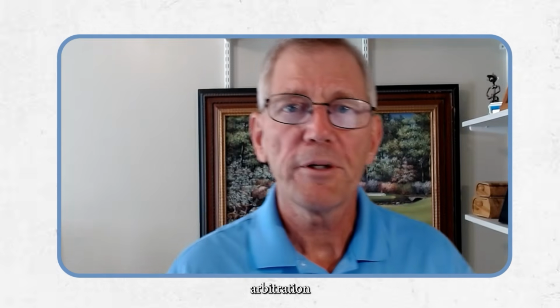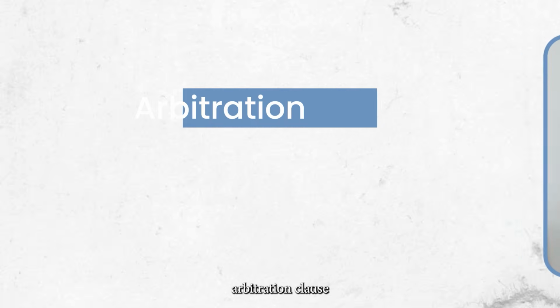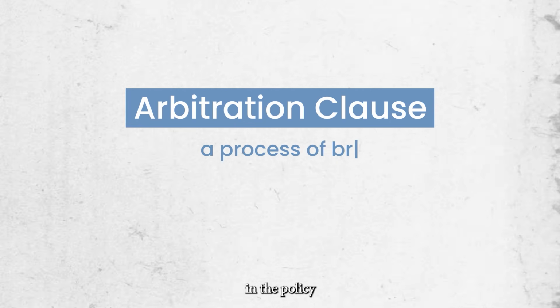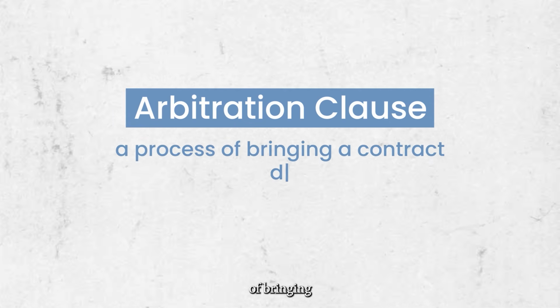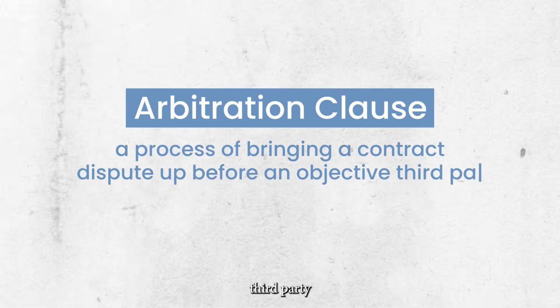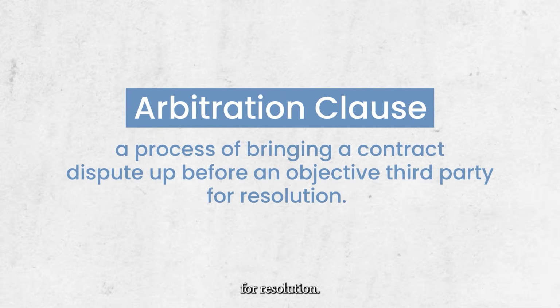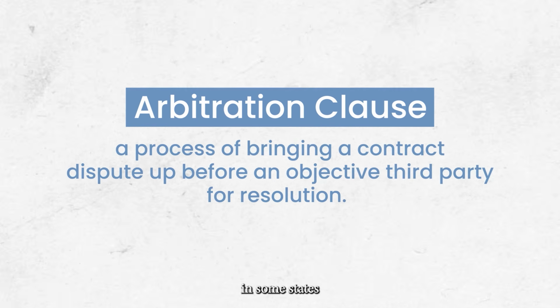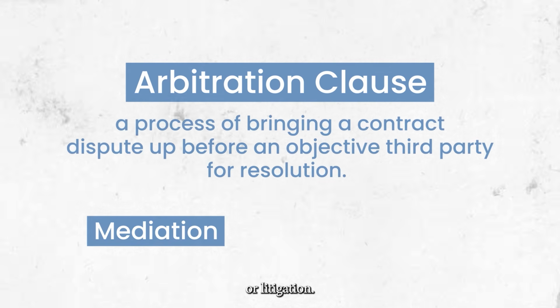Another term, arbitration. Arbitration clause in the insurance policy. That's going to be described in the policy as a process of bringing a contract dispute up before an objective third party for resolution. All right, arbitration is required in some states before mediation or litigation.